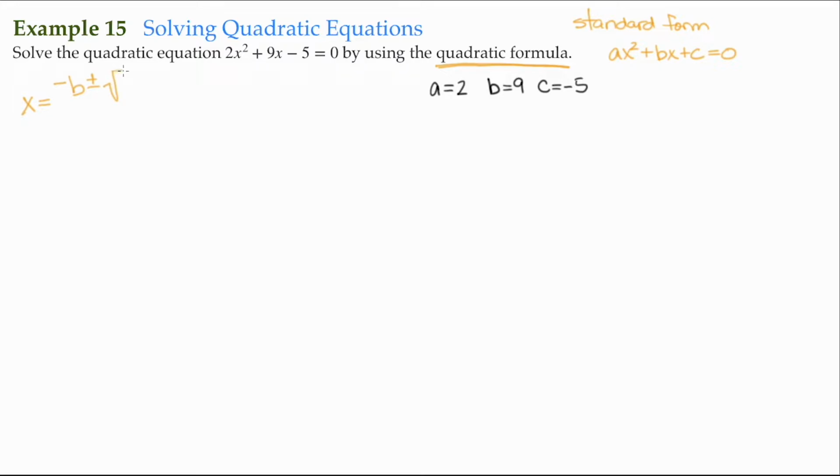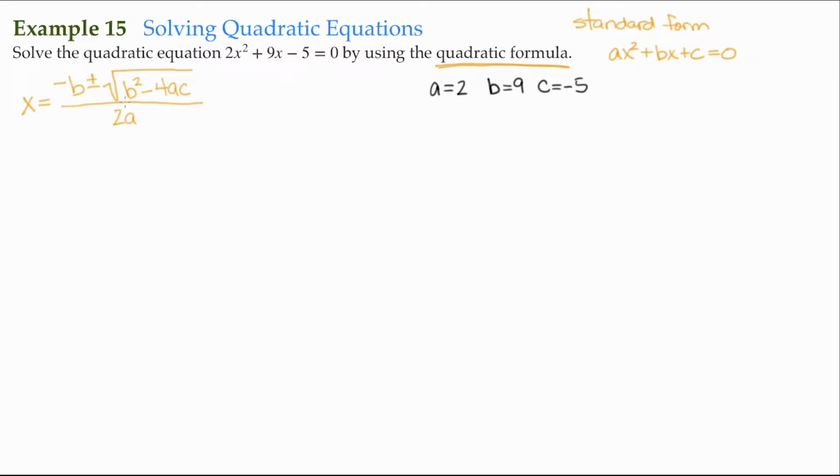Plus or minus the square root of b squared minus 4 times a times c, and all of this is divided by 2 times a. And of course, a, b, and c are our values within the quadratic expression.